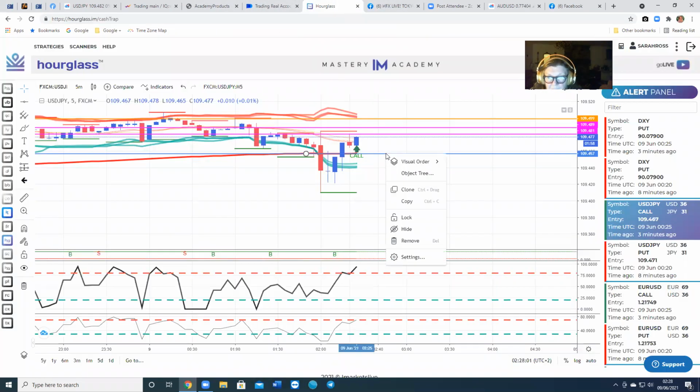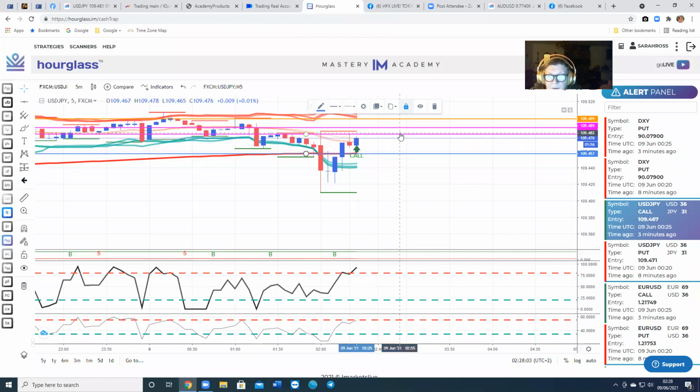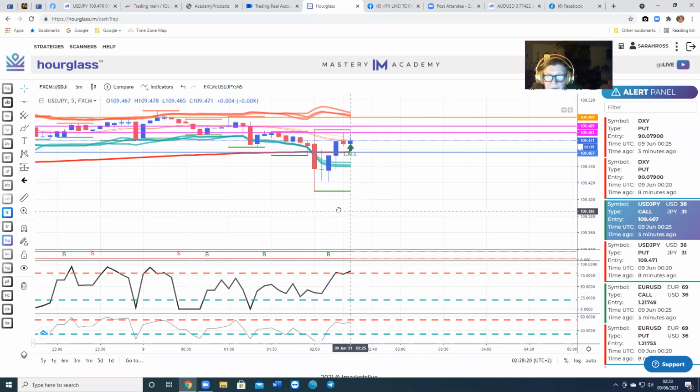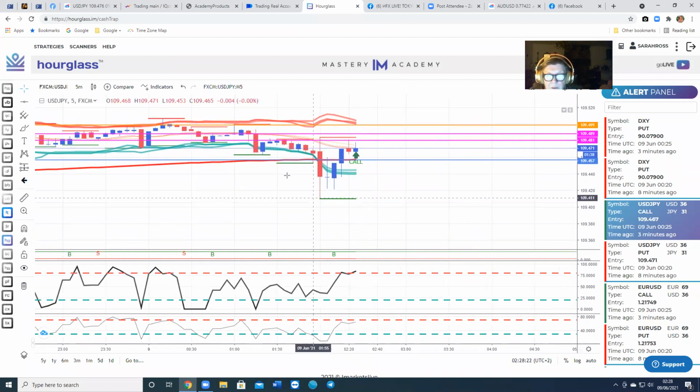Lock these on so they don't change when the signal changes. They should stay on then, which is lovely. And you can do your markups for the day. When you've got time to trade, they'll be there, and you think, oh yeah, I remember what I was doing. That's the way to do it. Go off to work or have your lunch or go down the beach, whatever you're doing.